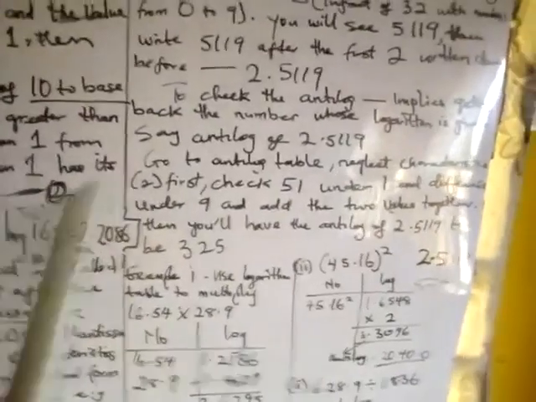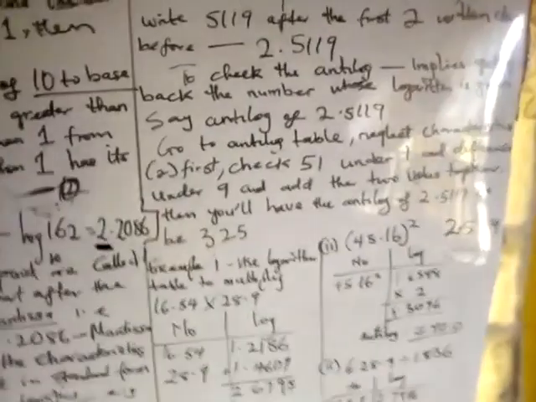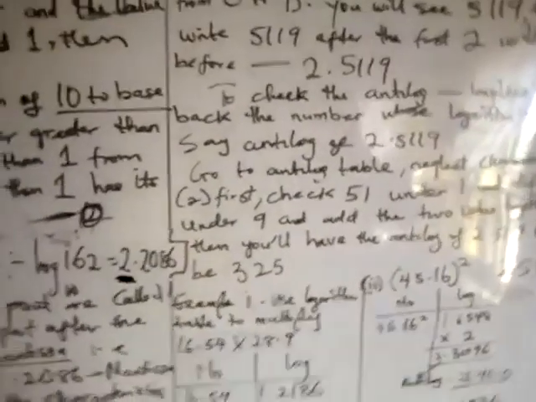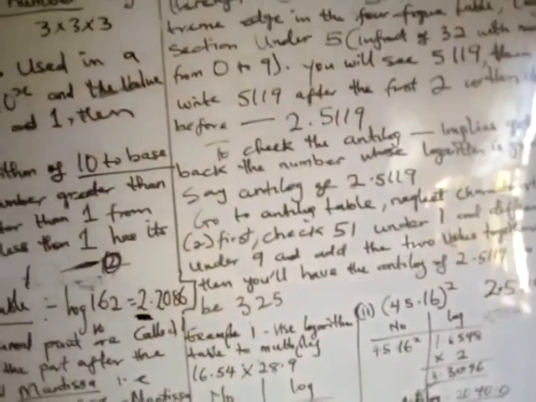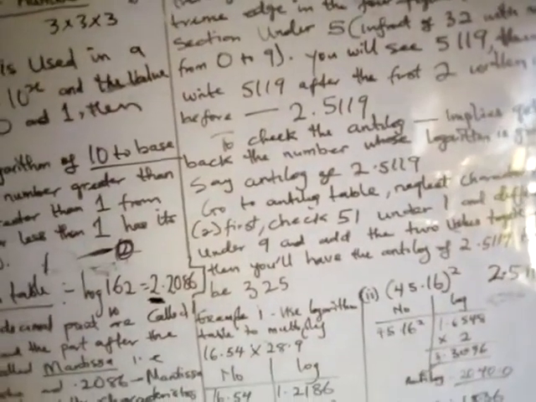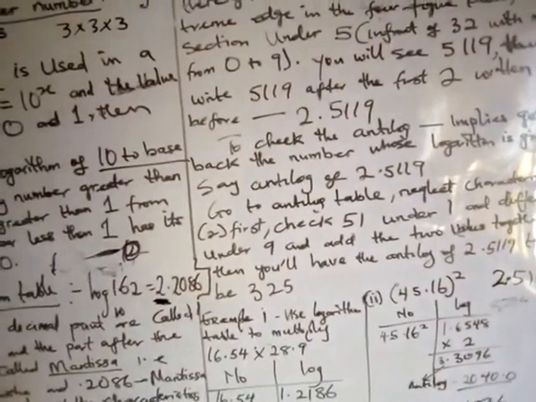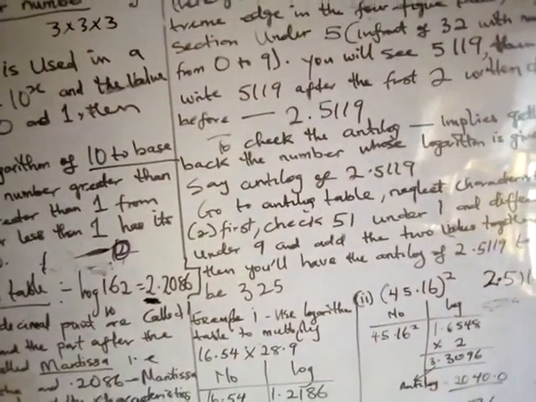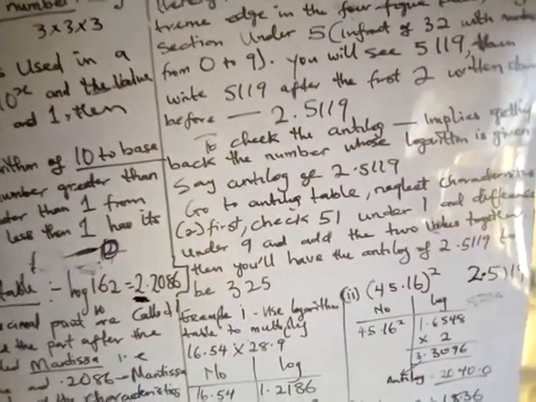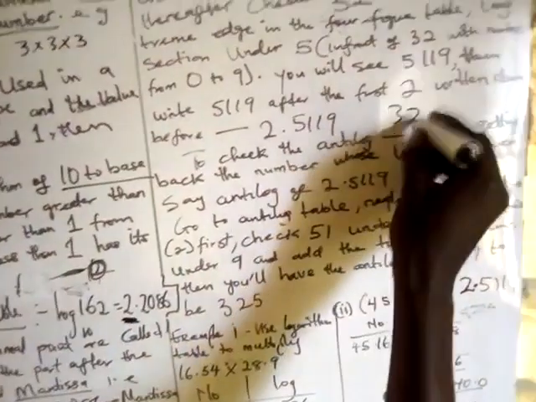Sometimes you may have a number that gives you just 3 digits. If you have a number that gives you 3 digits, what you need to do is get 32 under 5. There is no difference. And sometimes you have a number that gives you 3254.